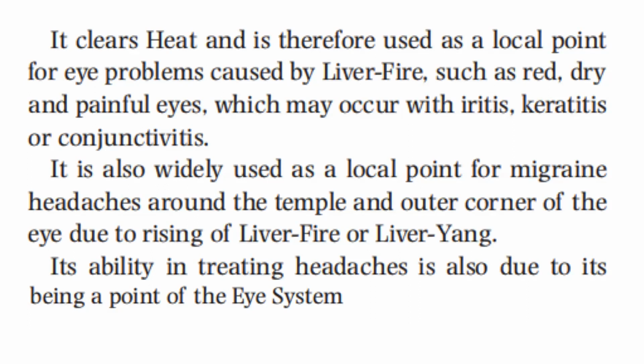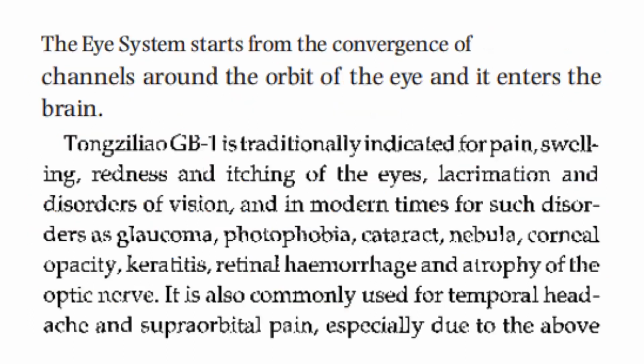Its ability in treating headaches is also due to its being a point of the eye system. The eye system starts from the convergence of channels around the orbit of the eye and it enters the brain. GB1 is traditionally indicated for pain, swelling, redness, and itching of the eyes, lacrimation and disorders of vision, and in modern times for such disorders as glaucoma, photophobia, cataract, nebula, corneal opacity, keratitis, retinal hemorrhage, and atrophy of the optic nerve.